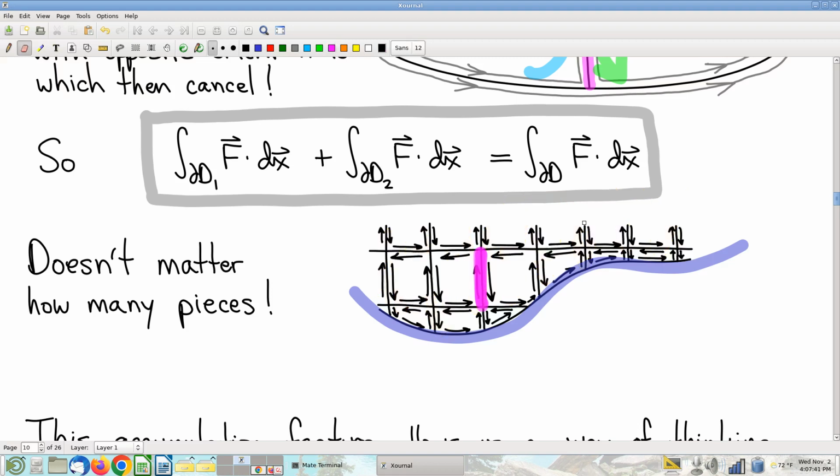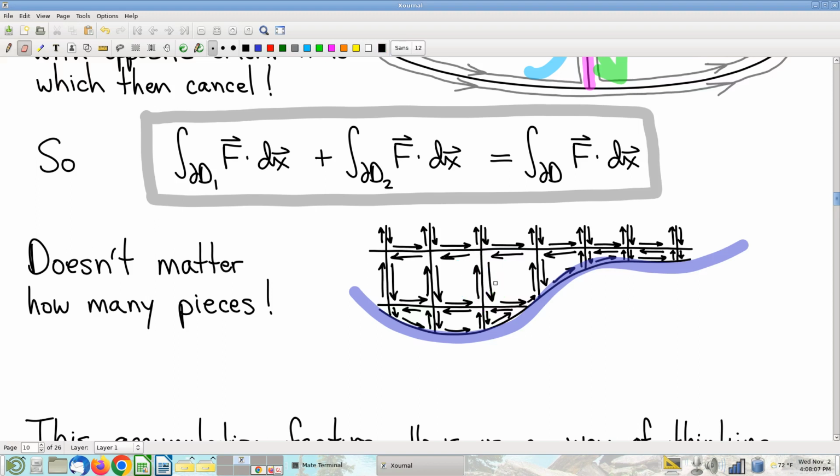Well, that edge, as part of the boundary of the piece on the one side, it's going that way. As part of the boundary of the piece on the other side, it's going the other way. And so this little edge here is going to appear twice in the summation with opposite orientations, and it cancels.